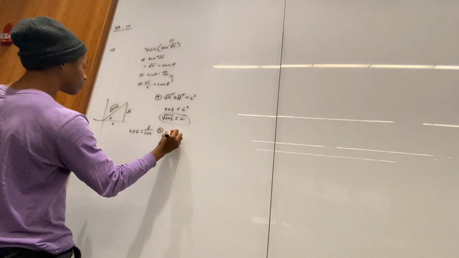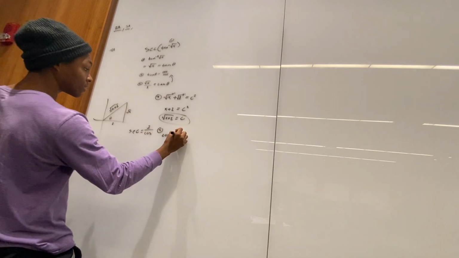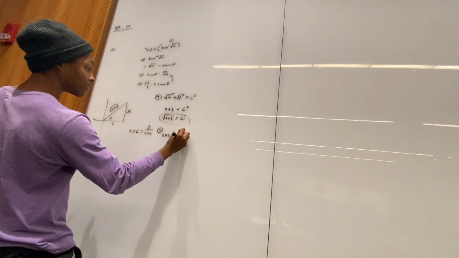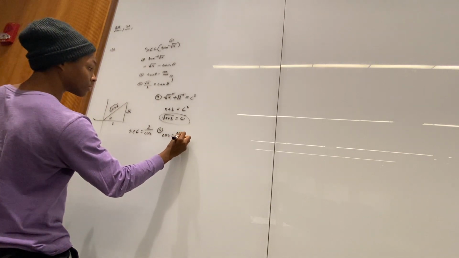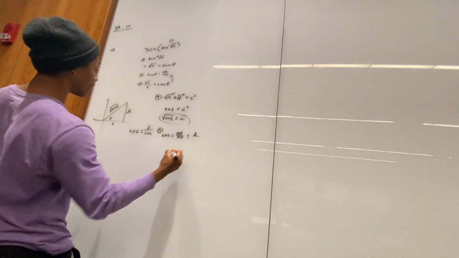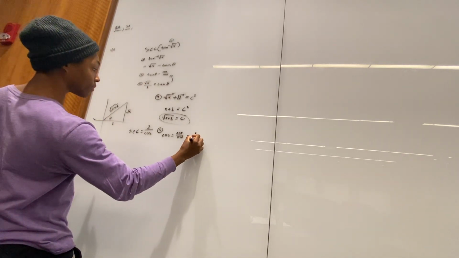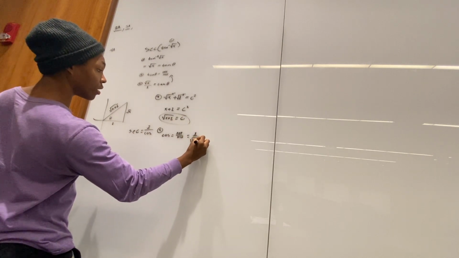Cosine equals adjacent over hypotenuse. Well, what's the adjacent? The adjacent here is 1. And the hypotenuse is this, root of x plus 1.